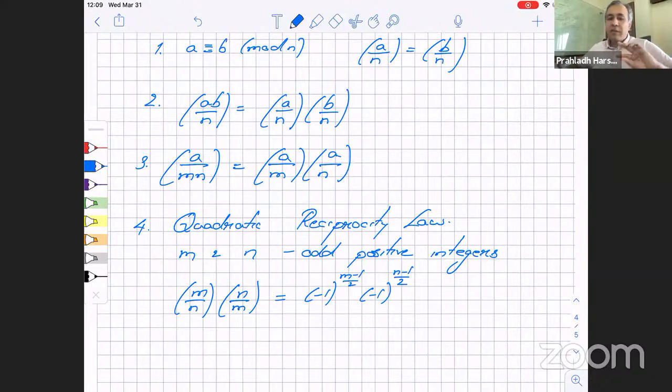Notice Jacobi symbols can only be 1, -1, or 0, because each is just a product of Legendre symbols, which are 0, 1, -1. And this says if I know one of these, I know the other.